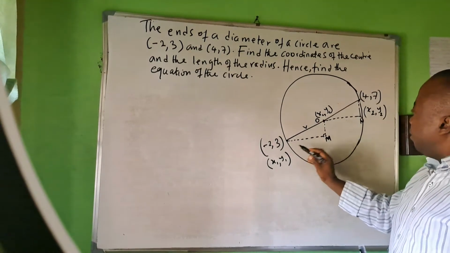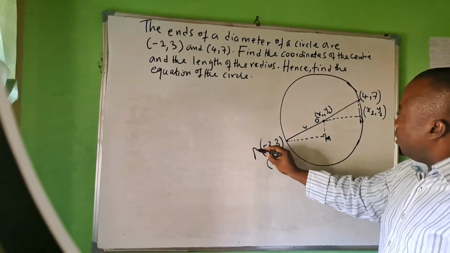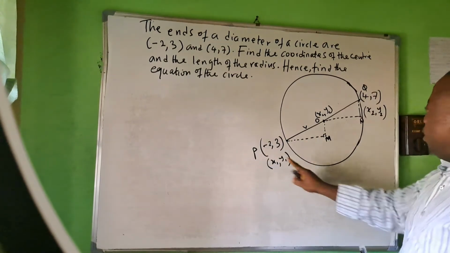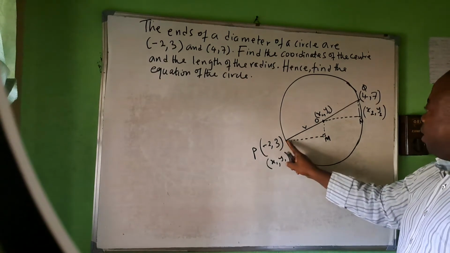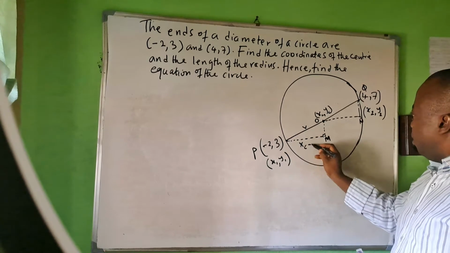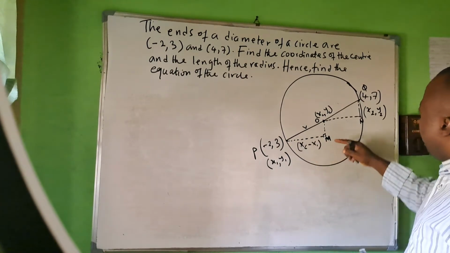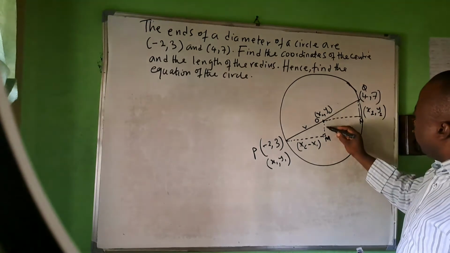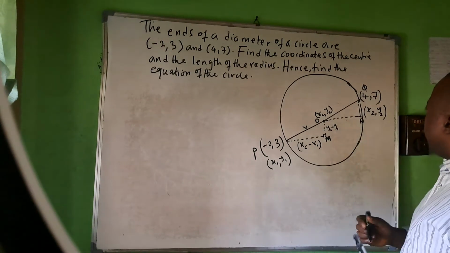What it means is that if I call here P, and here Q, PM will be XC minus X1, while MO will be YC minus Y1.